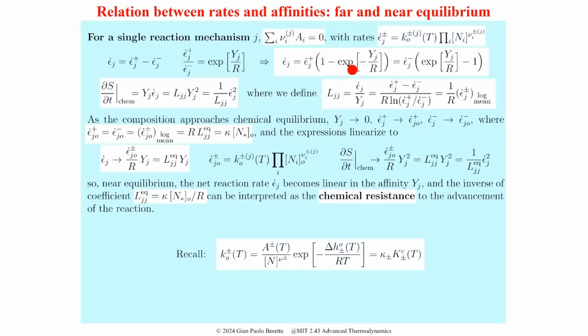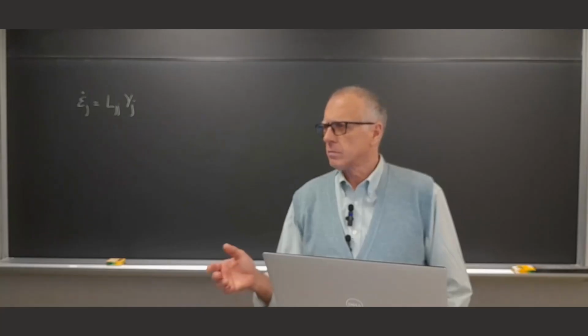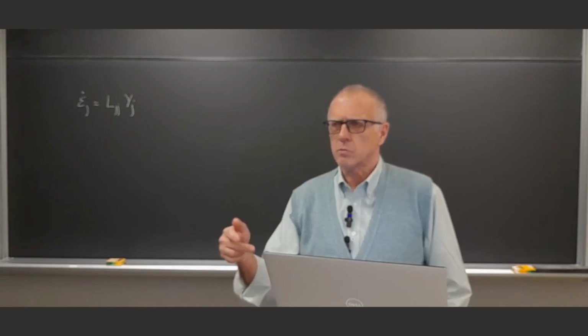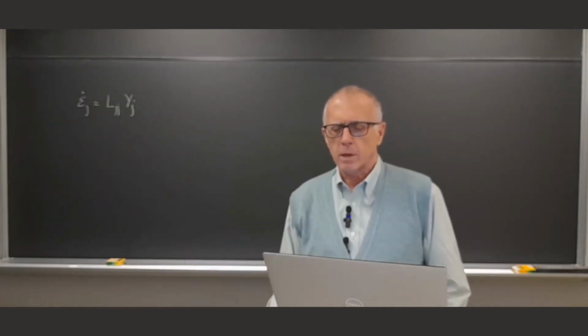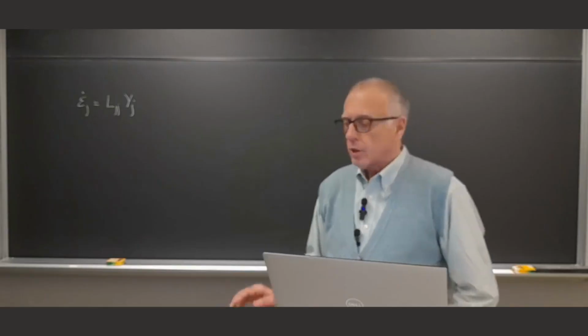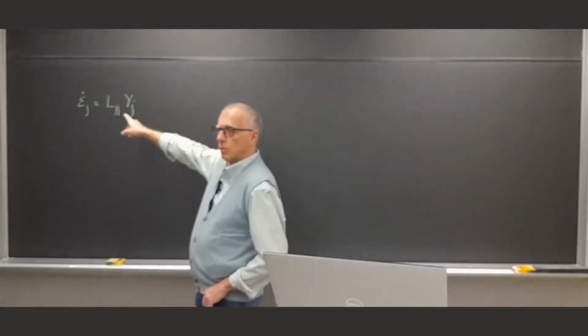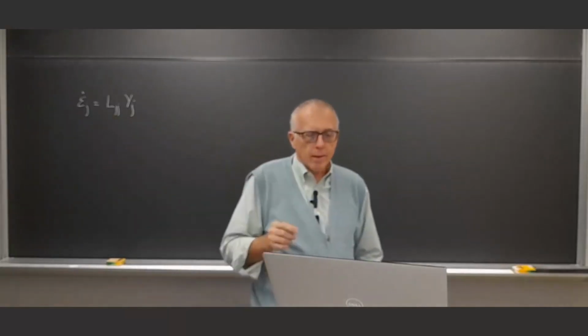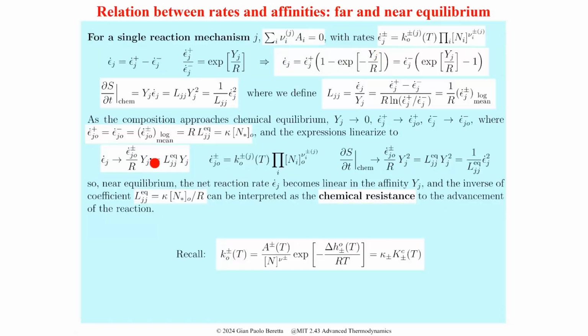E to the minus x, the first linear approximation is 1 minus x, or e to the x is 1 plus x. In either case, this linearizes, becomes just the affinity. And so we get an expression like this one, but with the coefficient now being the value at y equals 0.